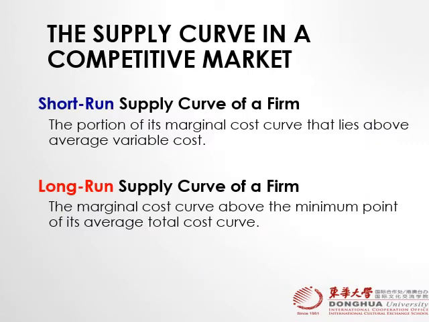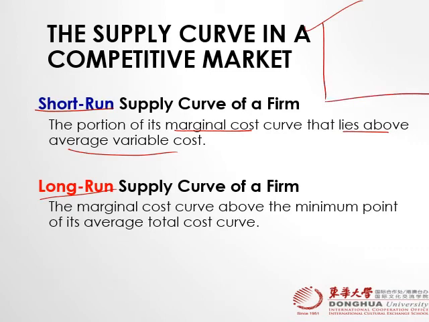Okay, now just for revision, the supply curve in the competitive market, we already learned that, so let's just discuss it one more time. So the short run supply curve and long run supply curve. The short run supply curve is the portion of MC that lies above the average variable cost. So through a diagram maybe you understand better.